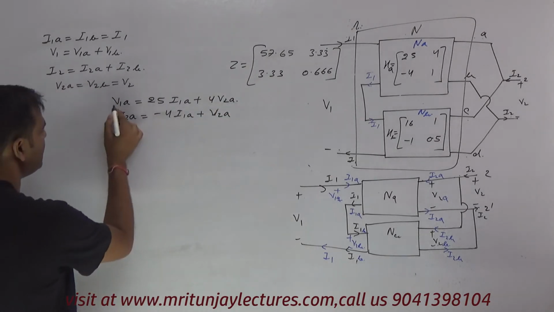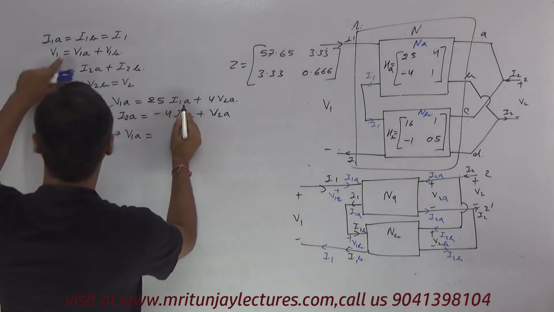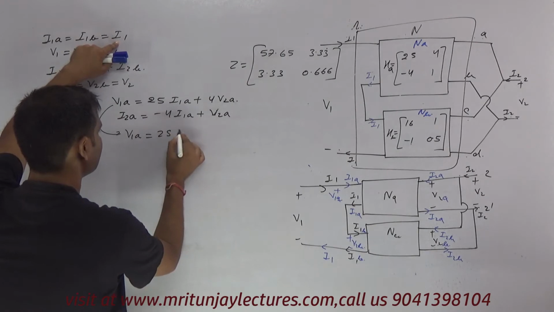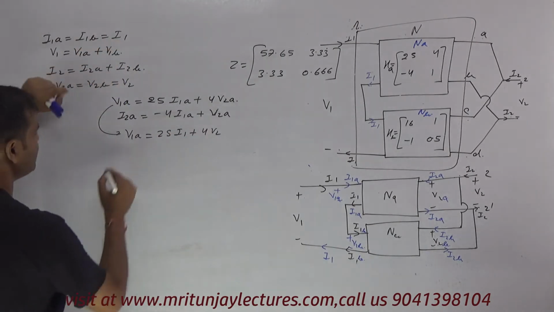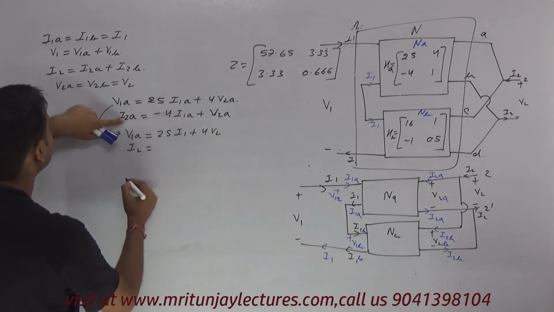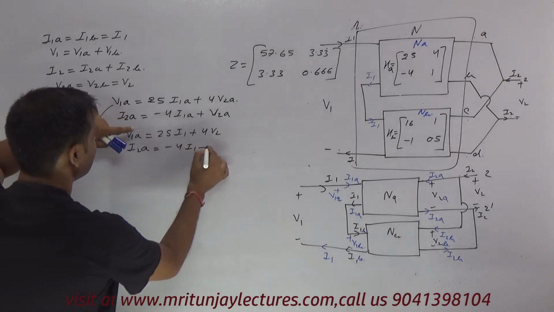Okay, and this one is also written as 25 I1 plus 4 V2. That's why I2A is written as minus 4 I1 plus V2.